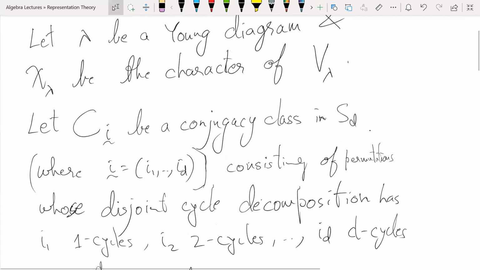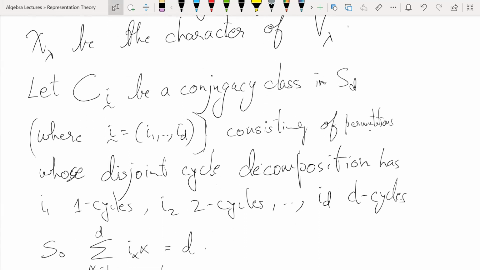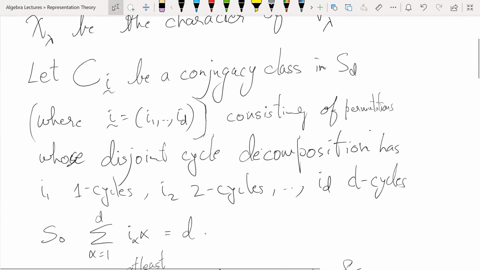If i_1 is d, then the rest has to be 0, and if i_d is 1, then the rest has to be 0, and so on. So i tilde can't be arbitrary; it is subject to this restriction: the summation of i_alpha times alpha has to be d.